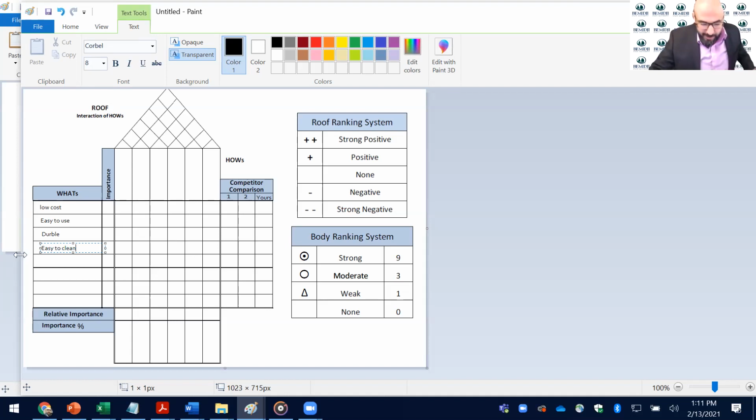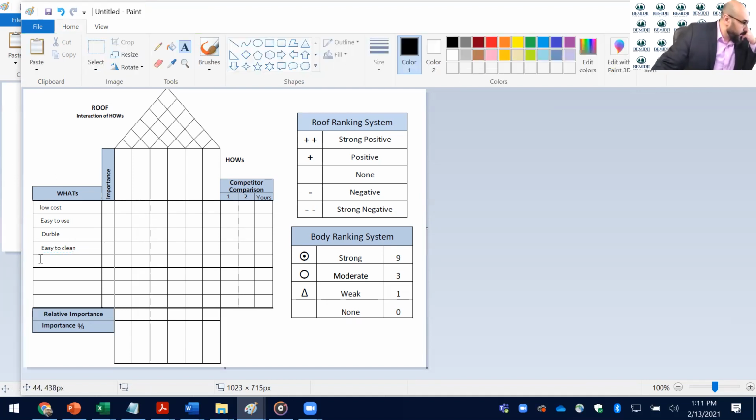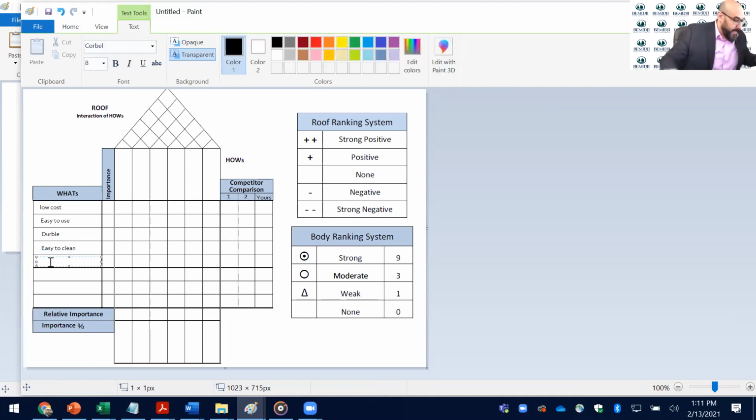And now what else do we need? As a customer, we need maybe lightweight. I need my microwave to be lightweight so I could move it around. So I'm going to put lightweight.